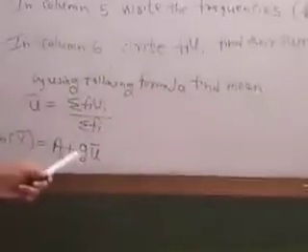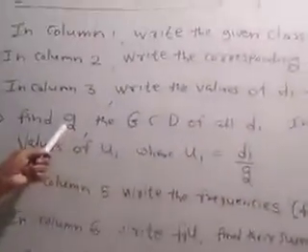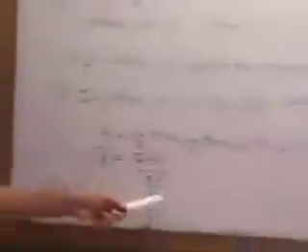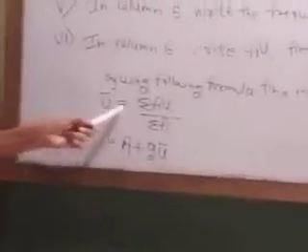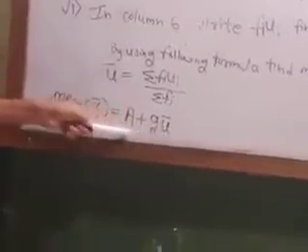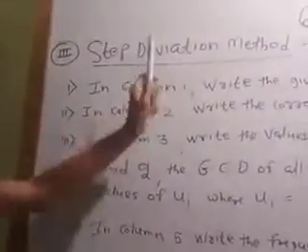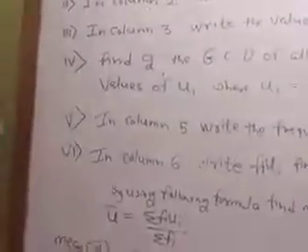A is the value of a we consider, and g is the difference between two consecutive class marks, and that is u bar. When we solve this, we find the mean by the step deviation method. This is the third method.